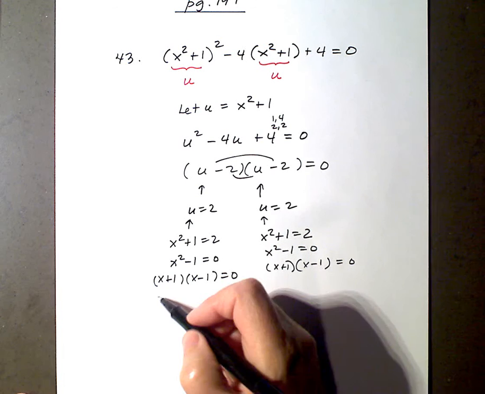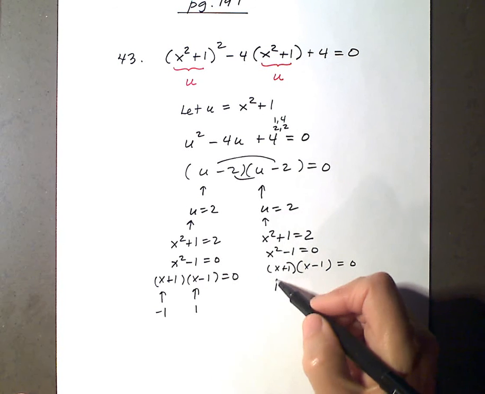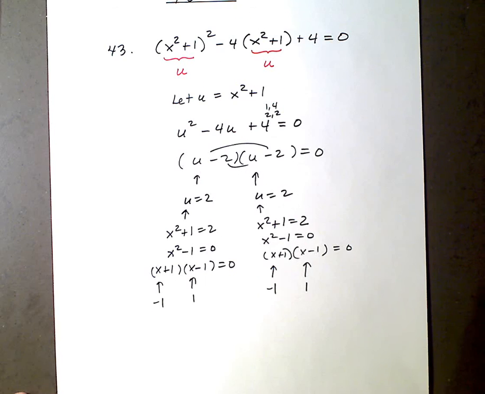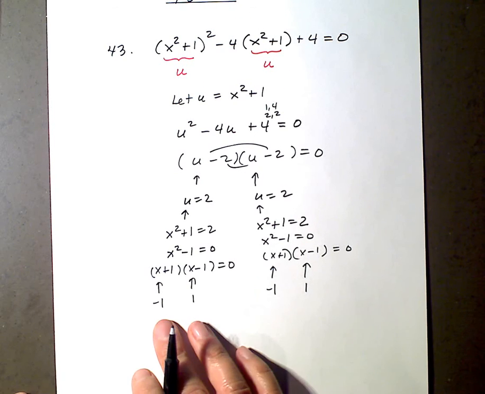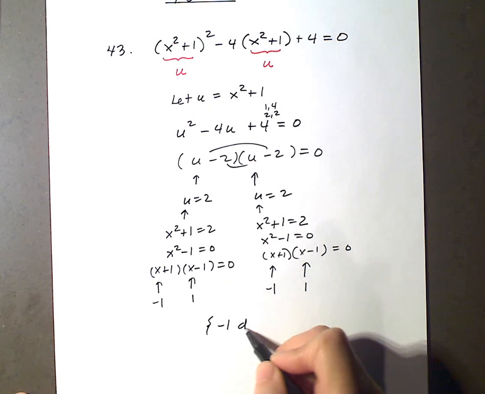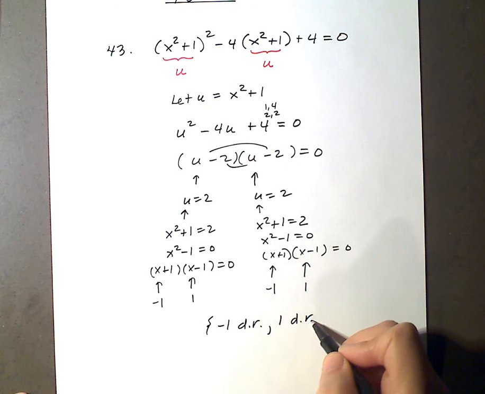So we can see we have negative 1, positive 1. Negative 1, positive 1. So I've got negative 1 as a double root and positive 1 as a double root.